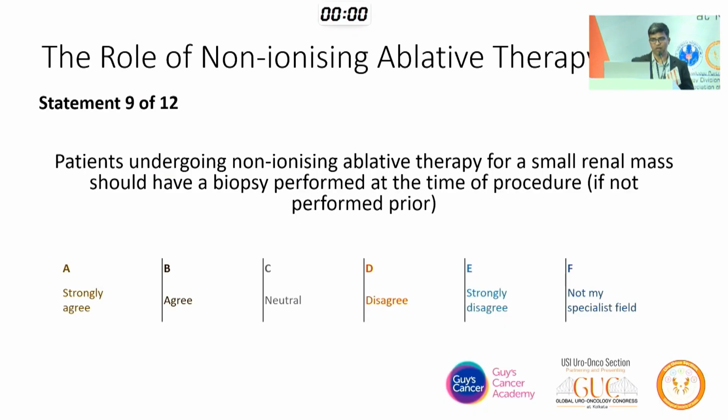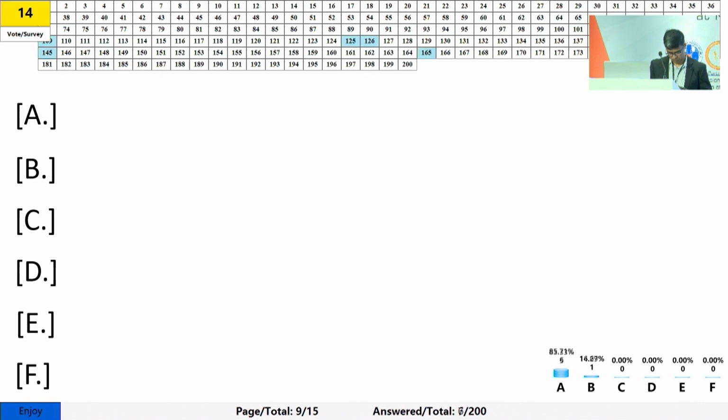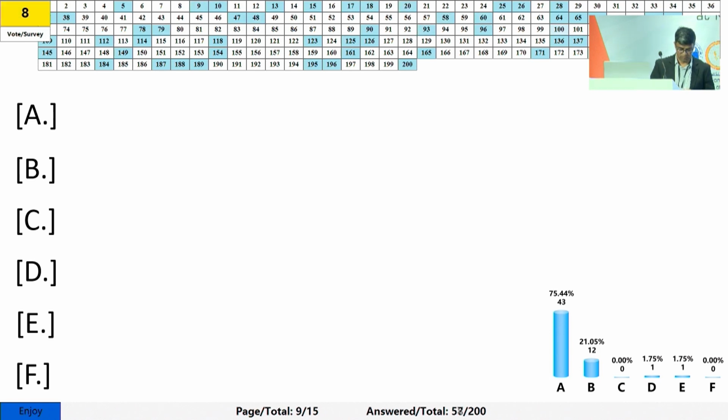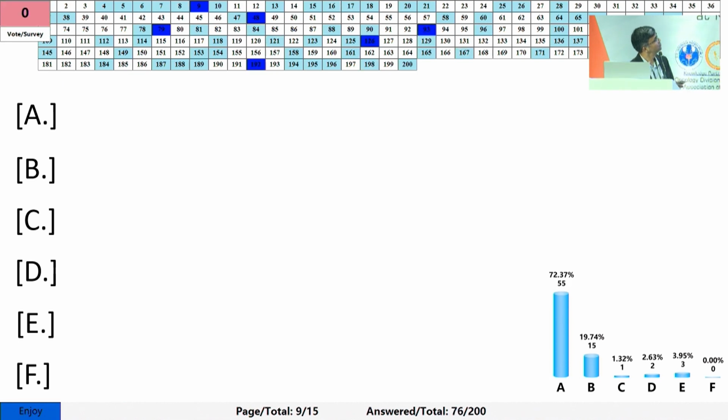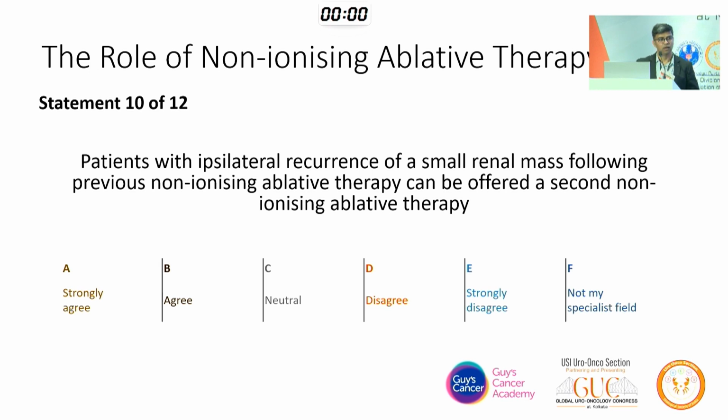Patients undergoing non-ionizing ablative therapy for small renal masses should have biopsy performed at the time of procedure if not performed prior. Next, patients with ipsilateral recurrence of small renal masses following previous non-ionizing ablative therapy can be offered a second non-ionizing ablative therapy.